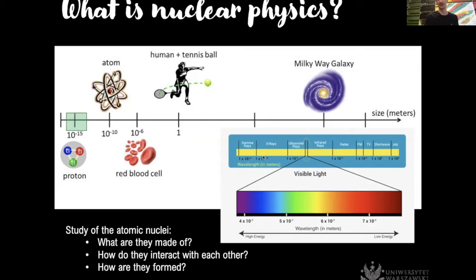So we need a different probe. But this can be obtained using properties of matter that have been understood from the point of view of quantum physics, that is, the particle and wave aspects of matter.